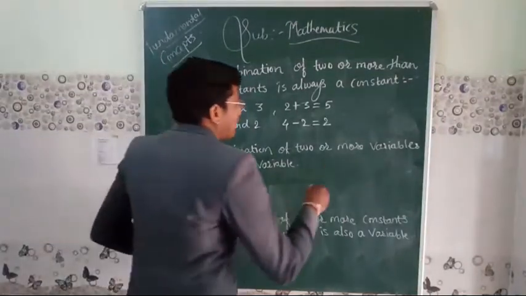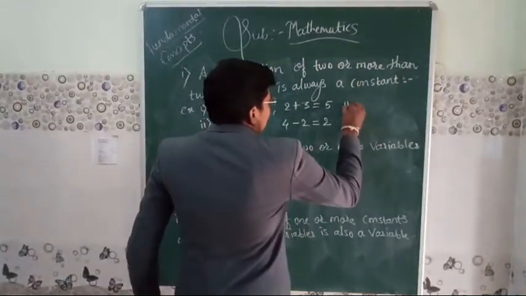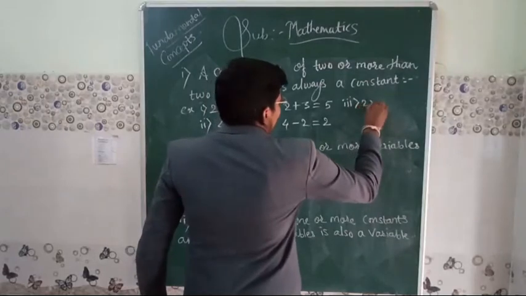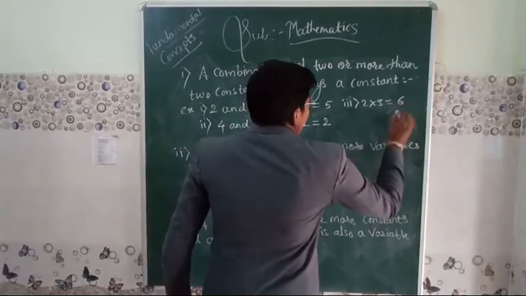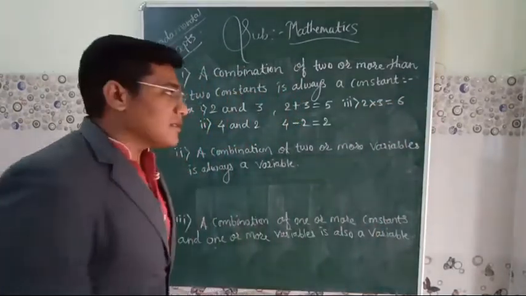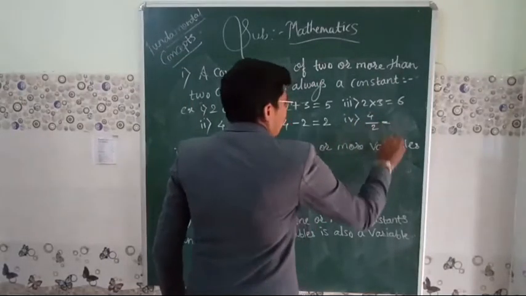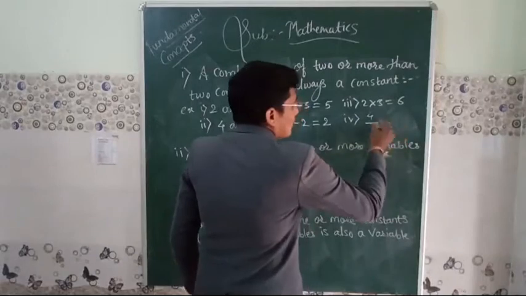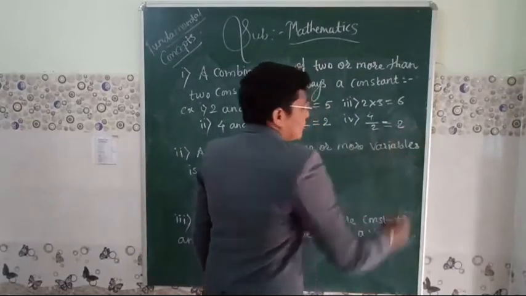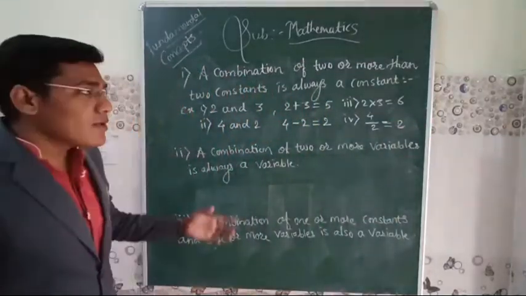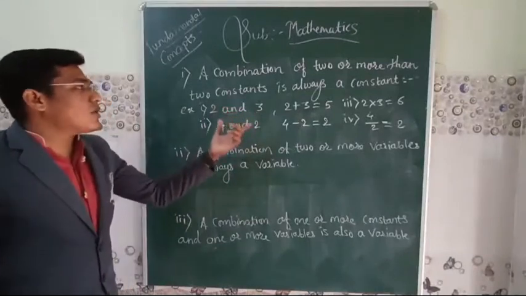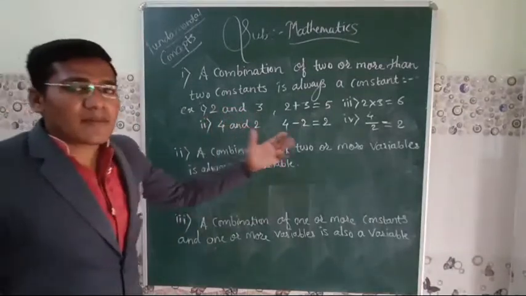Suppose 2 multiplied by 3, the answer is equal to 6, that is also a constant. As well as in division, 4 divided by 2, the answer is equal to 2, that is also a constant. This is how a combination of two or more constants is always a constant.